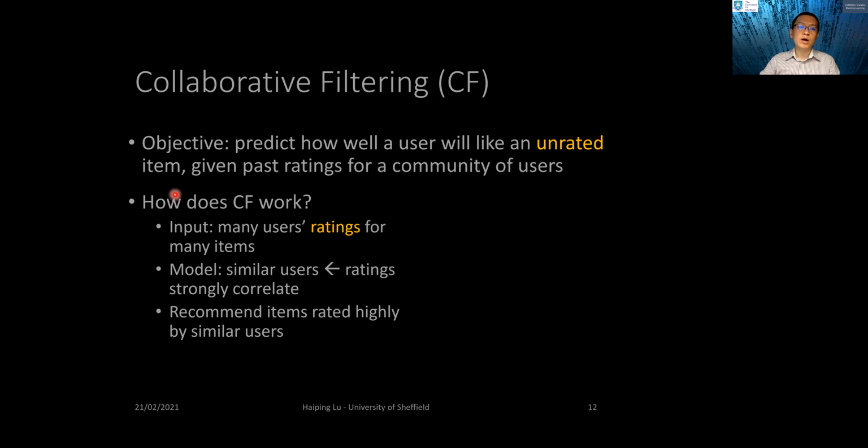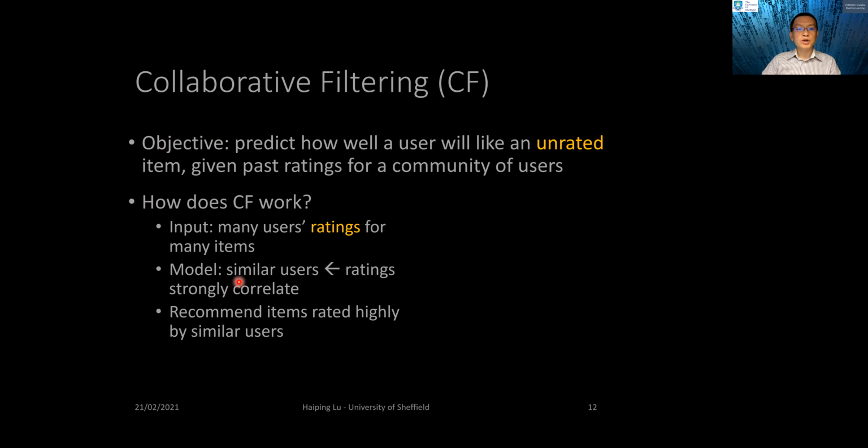How does collaborative filtering work? The input to collaborative filtering will be the many users' ratings for many items. And it will build a model to describe similar users.